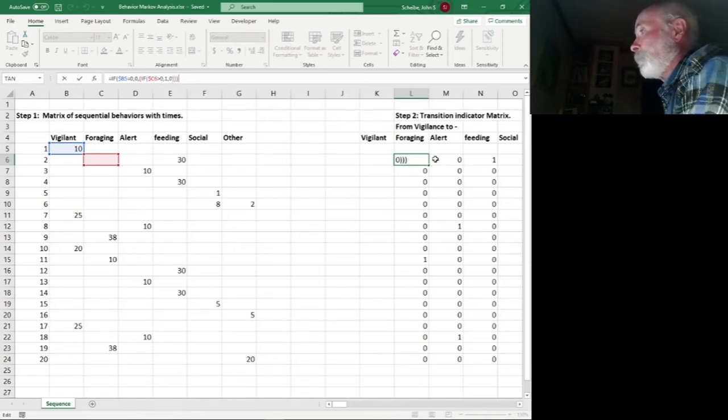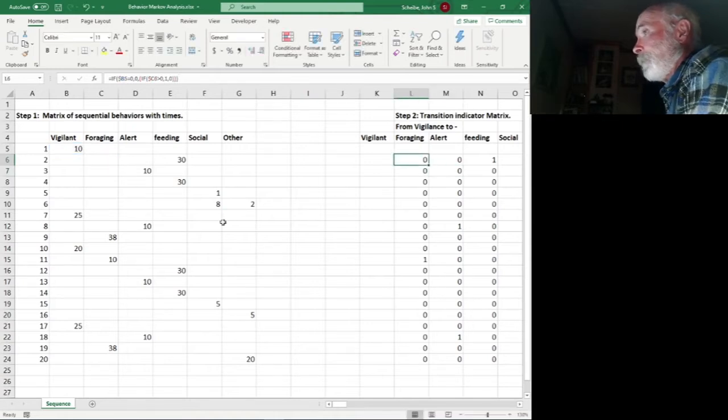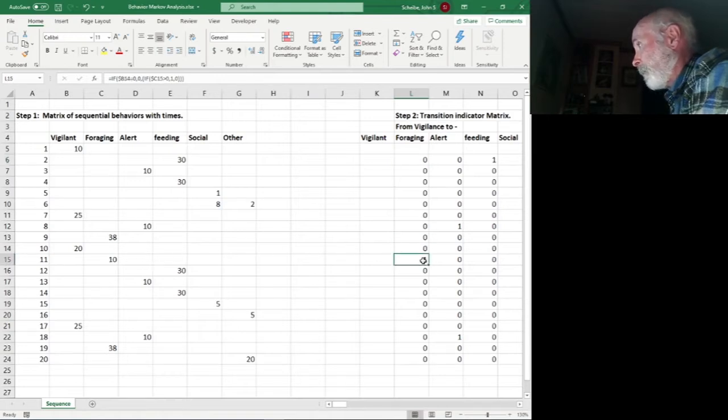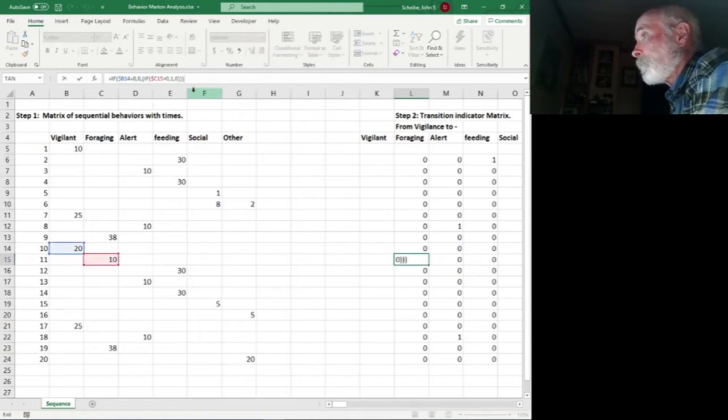Otherwise, put a 0. So you can see that we have a 0 there. The one where that doesn't happen is right here, where we're going from being vigilant to foraging. And you'll notice there is our value right there.